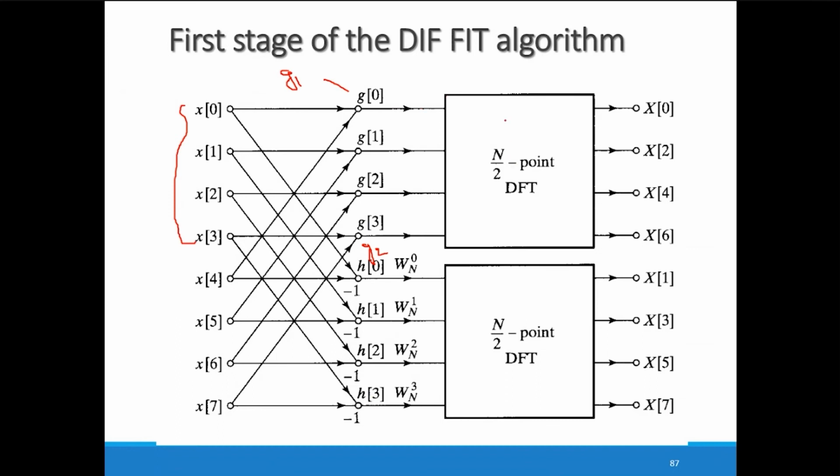Here our n is equal to 8, so n by 2 means a 4-point DFT. After applying the 4-point DFT, you are getting the output x0, x2, x4, x6, x1, x3, x5, and x7. As we have discussed earlier, you apply the input in normal order, but you get the output in a reversed, or shuffled, order: x0, x2, x4, x6, and x1, x3, x5, x7.